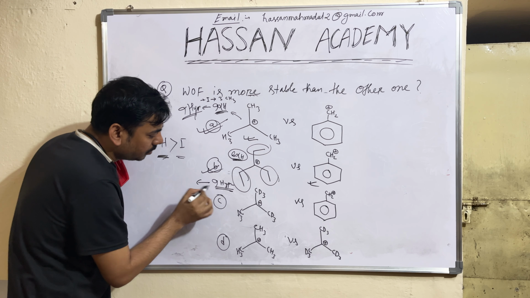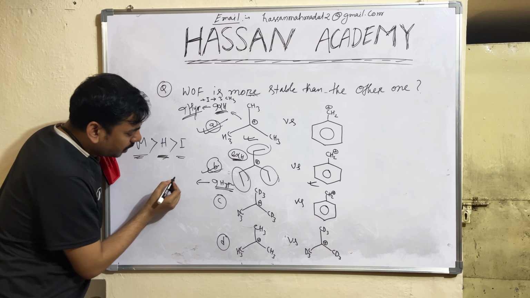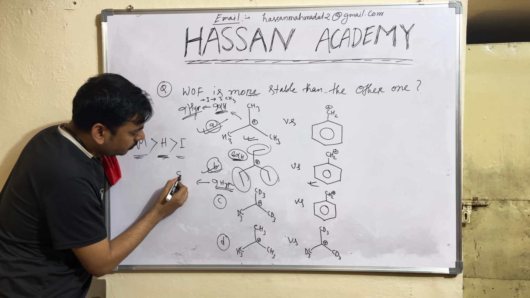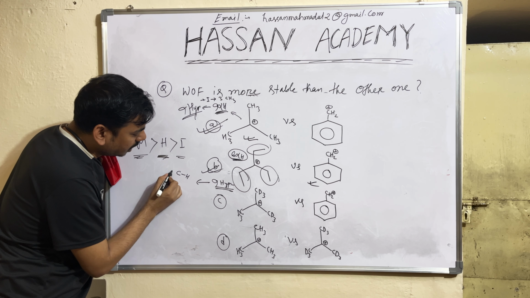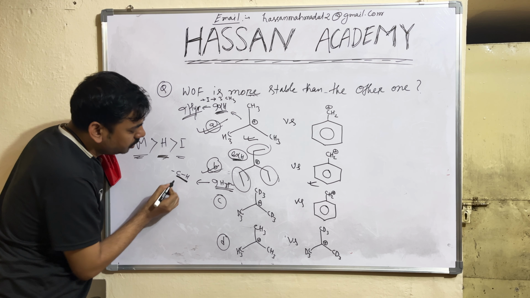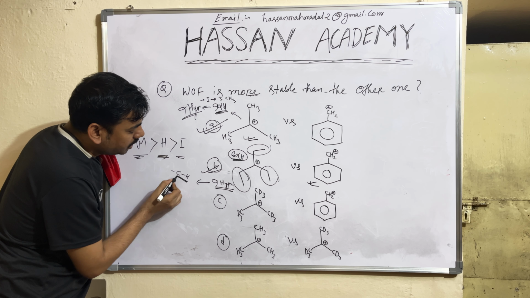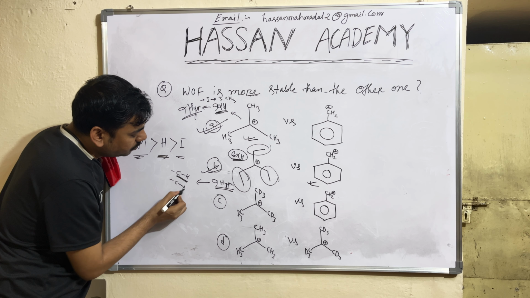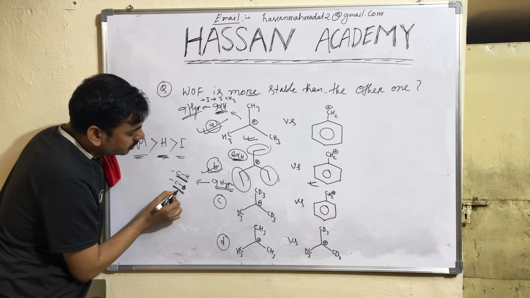But one thing you have to understand: when we do hyperconjugation, we need to break the sigma bond between carbon and hydrogen. It is easy to break the bond in C-H compared to C-D. The C-D bond is stronger than the C-H bond, so it is a little bit more difficult.